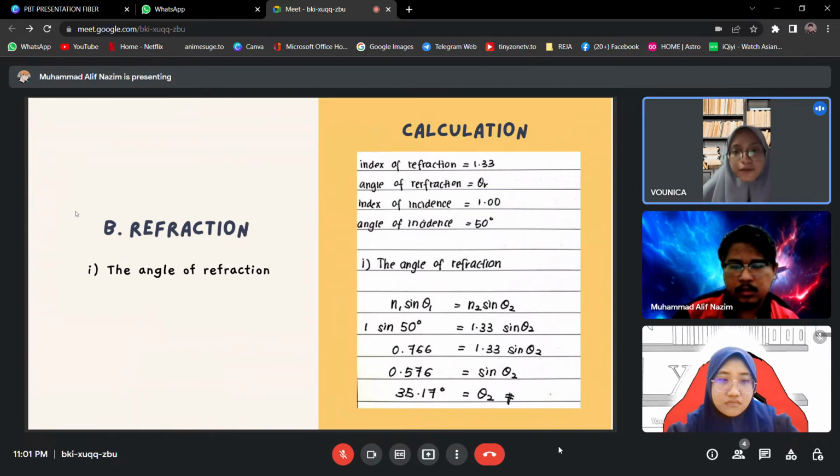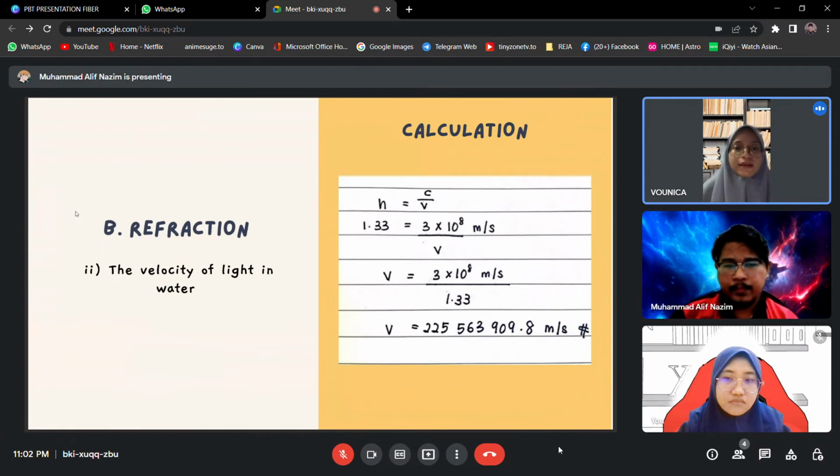From the statement above, here is the information we collected: index of refraction is 1.33, angle of refraction theta r is unknown, and the index of incidence will be 1.00, angle of incidence will be 50 degrees. First, we use the formula N1 sin theta 1 equals N2 sin theta 2 to find the angle of refraction. Then we put the values into the formula and got the angle of refraction, 35.17 degrees.